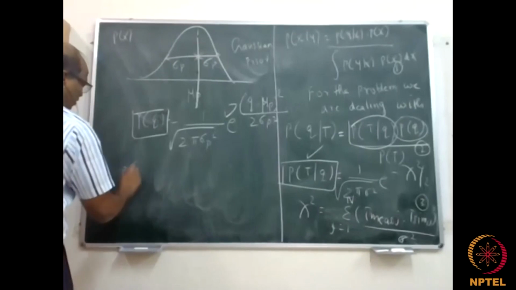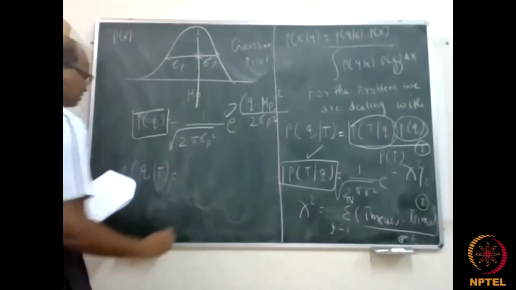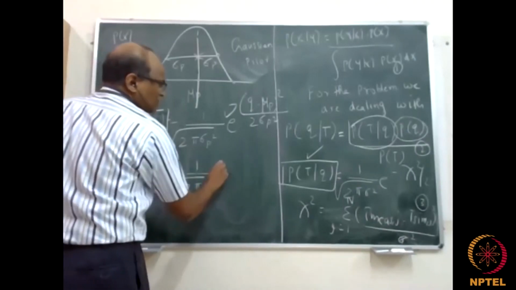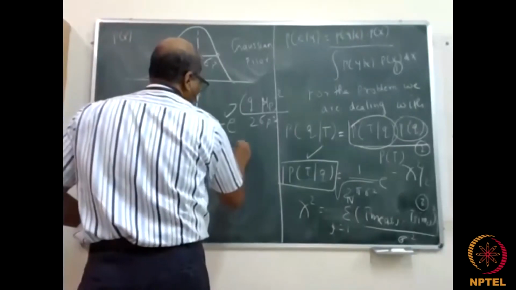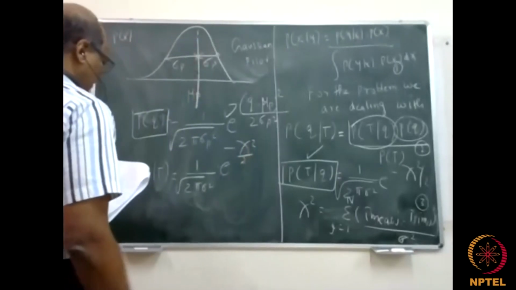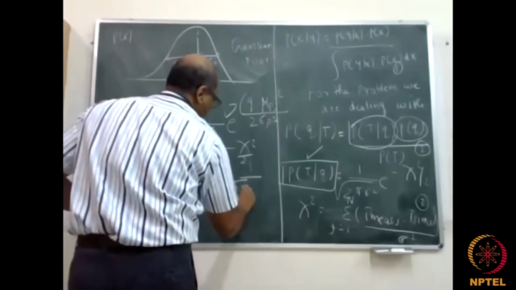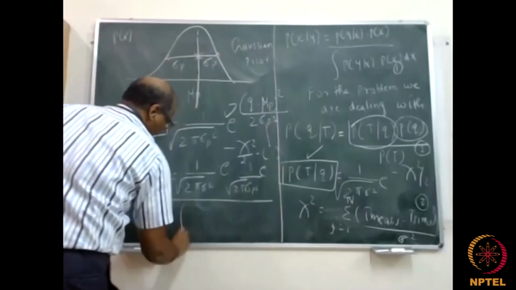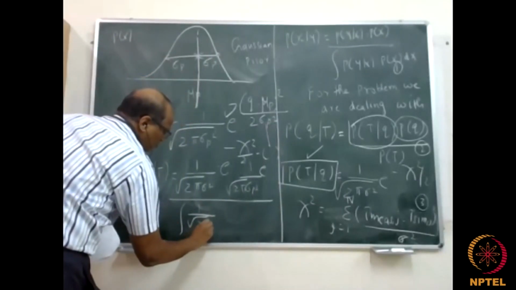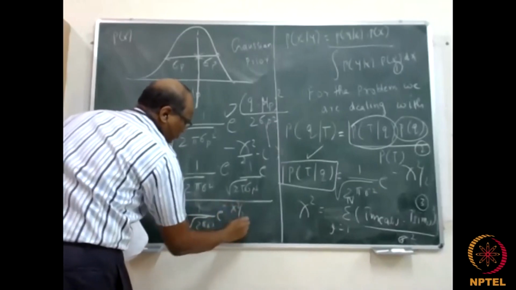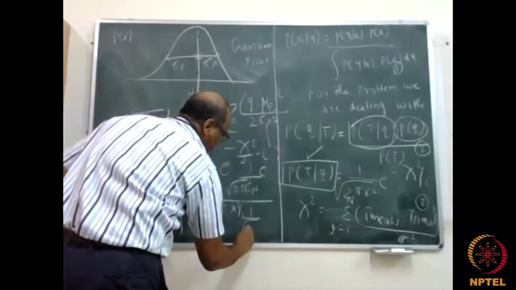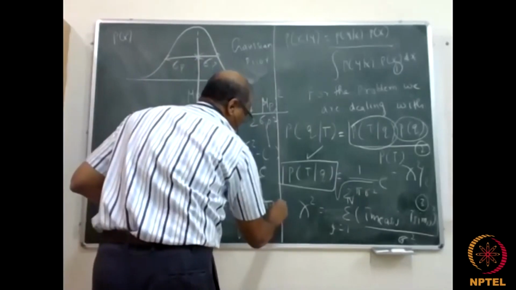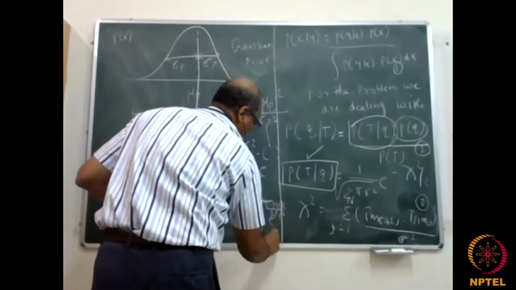So you're getting P of Q given T, which is nothing but 1 by root 2 pi sigma square, e to the power of minus chi square by 2, into 1 by root of 2 pi sigma P square, e to the power of minus Q minus mu P whole square by 2 sigma P square, divided by the integral of the same product over dx.